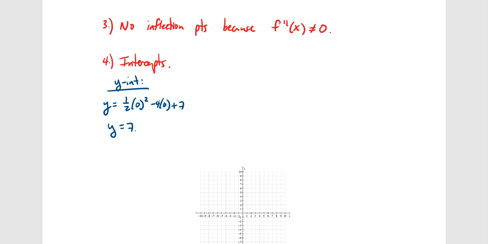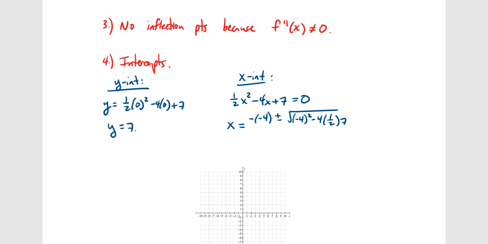And if we want the x-intercept, that's going to be setting the function equal to 0, 1/2 x squared minus 4x plus 7. We set that equal to 0. We actually need the quadratic formula here. That's going to be x equals negative b, so x equals -4 plus or minus the square root of -4 squared minus 4 times 1/2 times 7 all over 2 times 1/2.